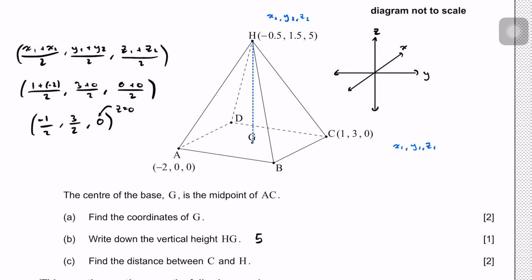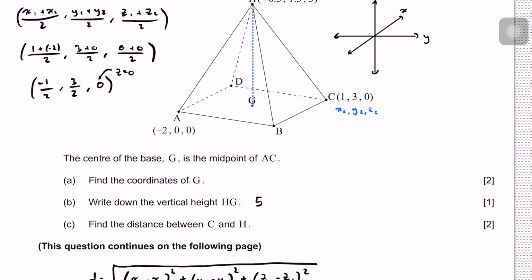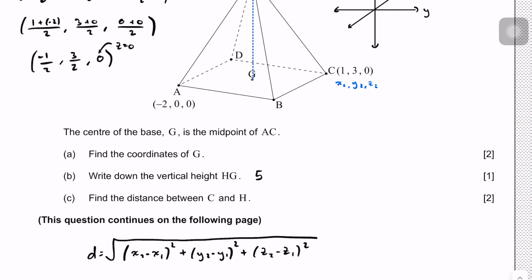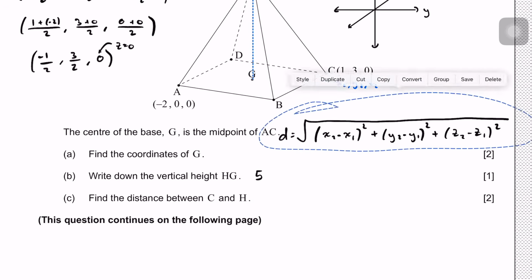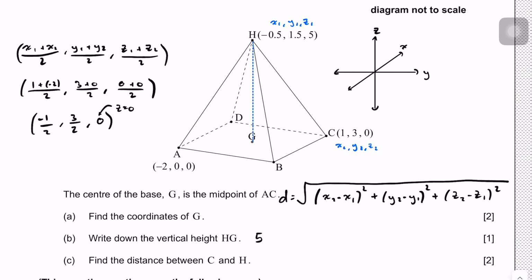Remember, the order doesn't really matter as long as we're consistent. So let's use this as x1, y1, z1, and this is x2, y2, and z2. All right. So I can actually grab this and move it up here. I think there's enough space, just so we can see everything. All right, so here is d.